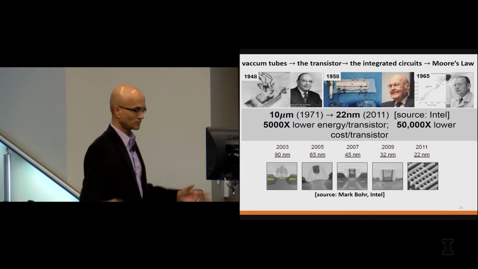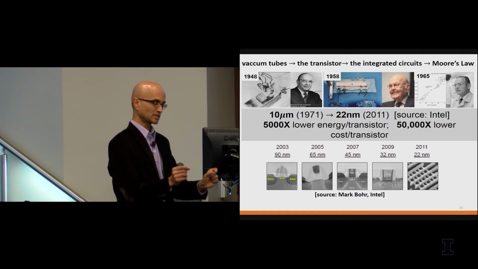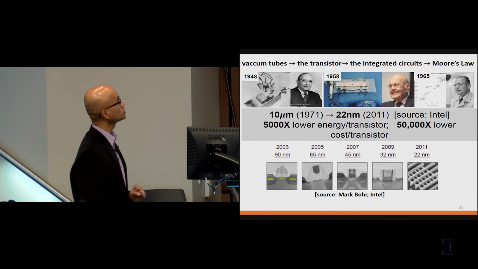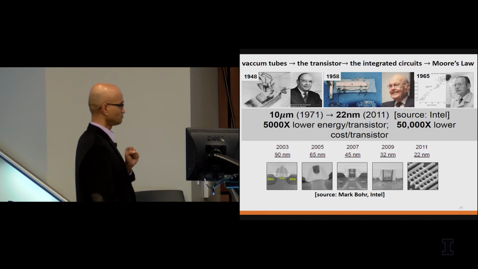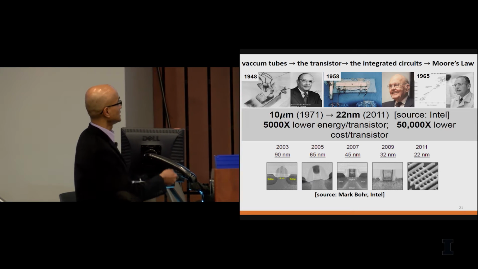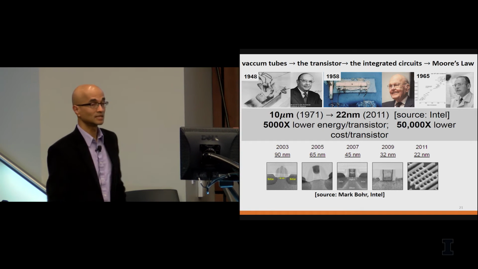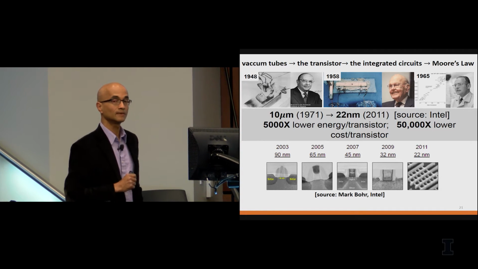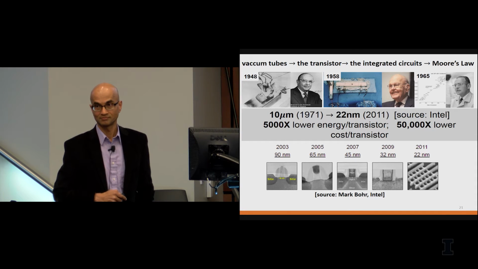And this is all because we are able to shrink those transistors, make them small, and yet make them work well, right? So that's called Moore's law. It has been serving us for all these years. And by the way, Mark Bohr is a leading edge device researcher who's pushing the limits of Moore's law at Intel, also one of our alums.